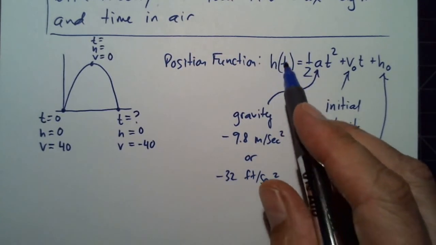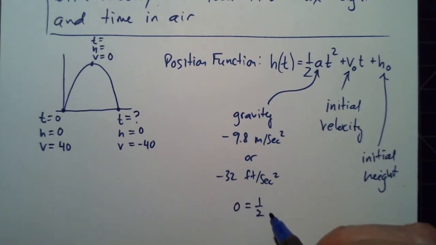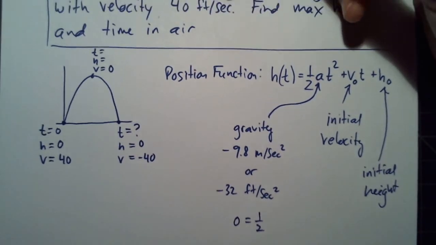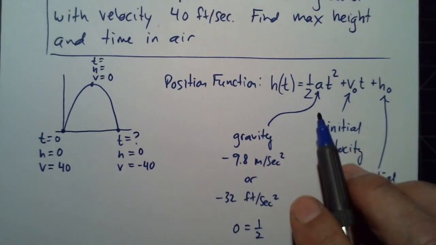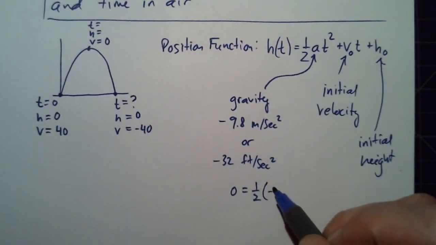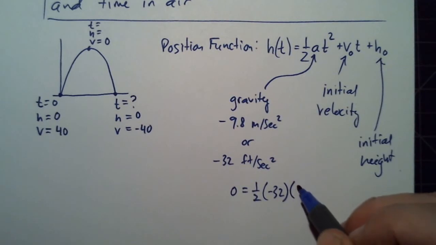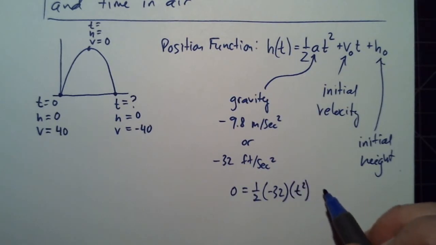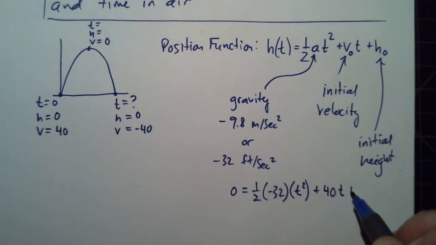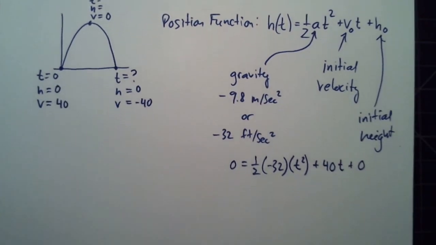So we're going to take this and put a 0 there, 1/2, and here the question is in feet, so we need to use -32. We're going to solve for time. We have an initial velocity of 40 and an initial height of 0 because it's on the ground.